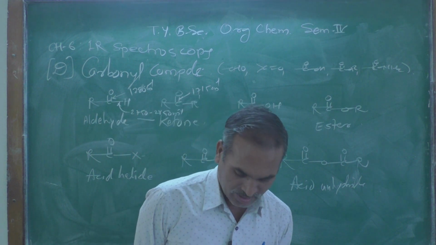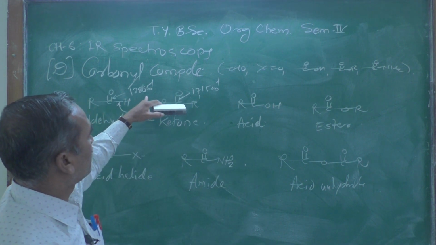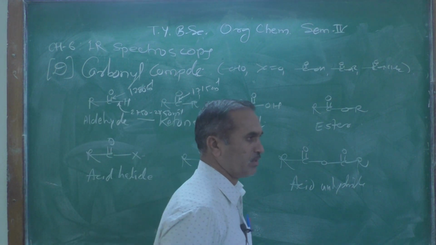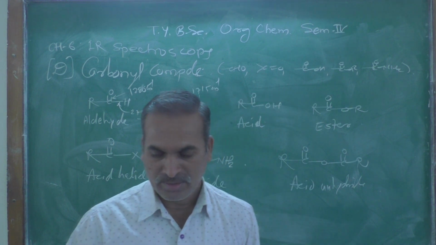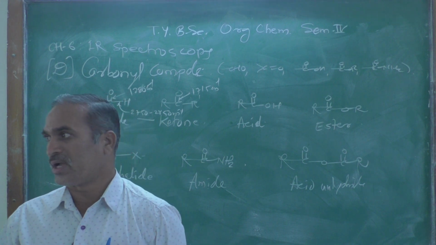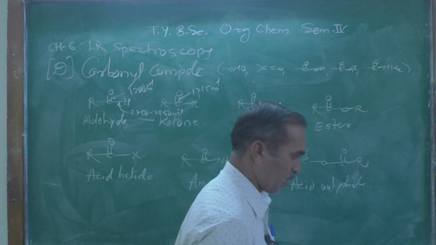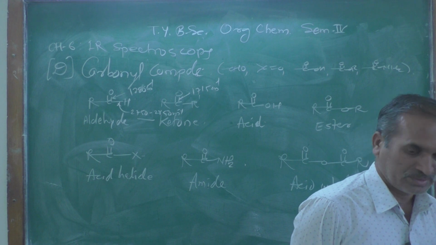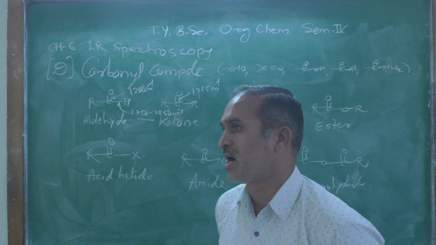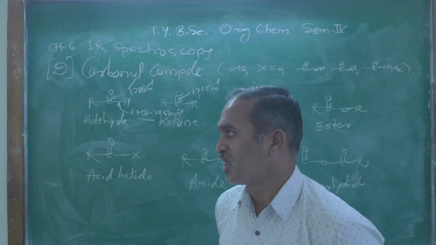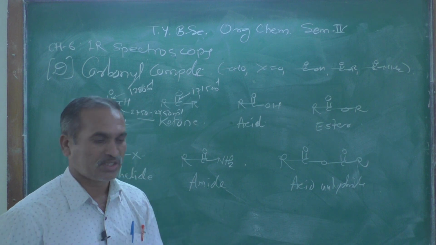If the peak appears around 1720 or 1715 per centimeter, it clearly suggests that a carbonyl group is present, but whether it is aldehyde or ketone, you can see another prominent peak appears around 2750 to 2850, which clearly indicates that this stretching frequency is observed due to the aldehydic CH.